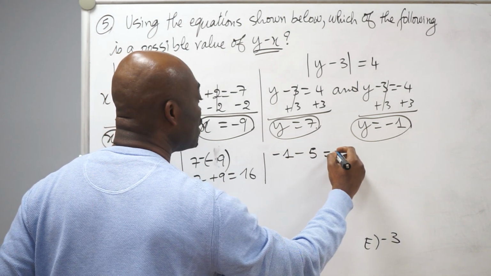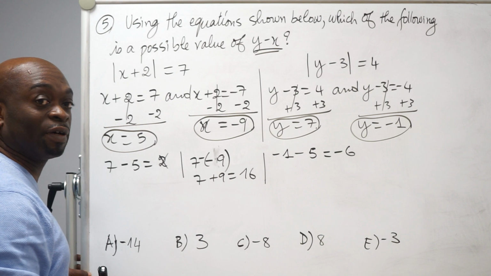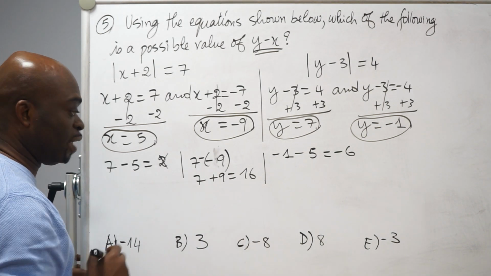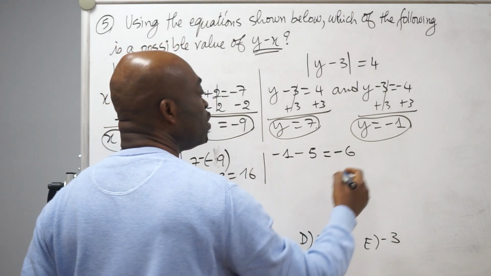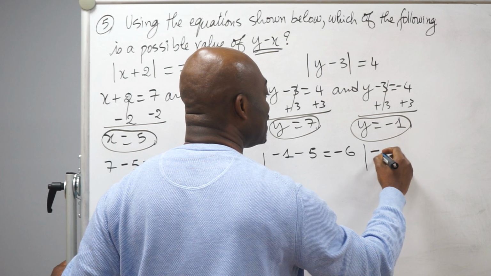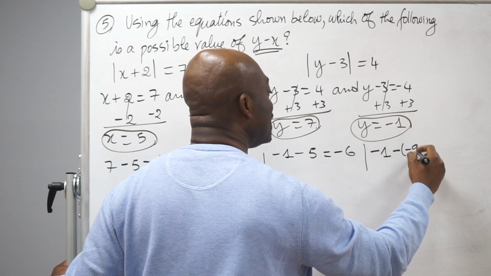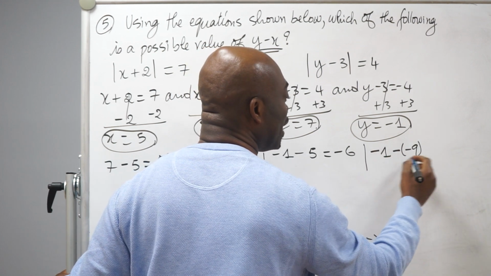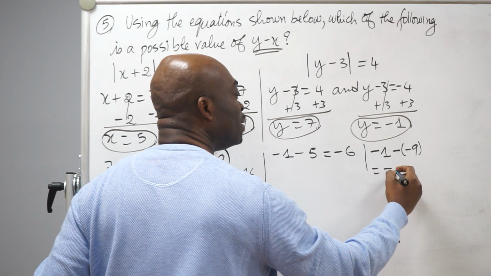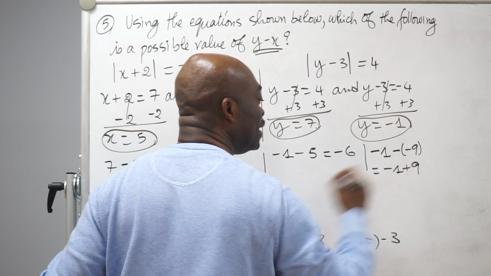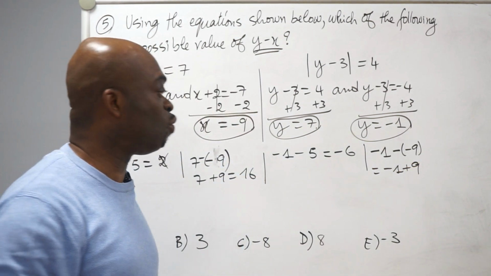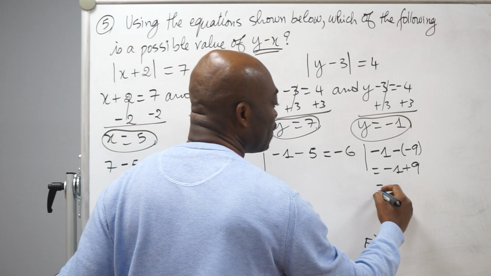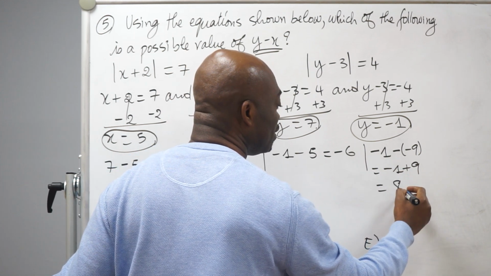That would give us negative 6, all right, which we do not have here. So we have to continue. Then we have negative 1 minus negative 9, okay, which is going to give us negative 1 plus 9. Negative 1 plus 9 is going to give us 9 minus 1, which is 8.